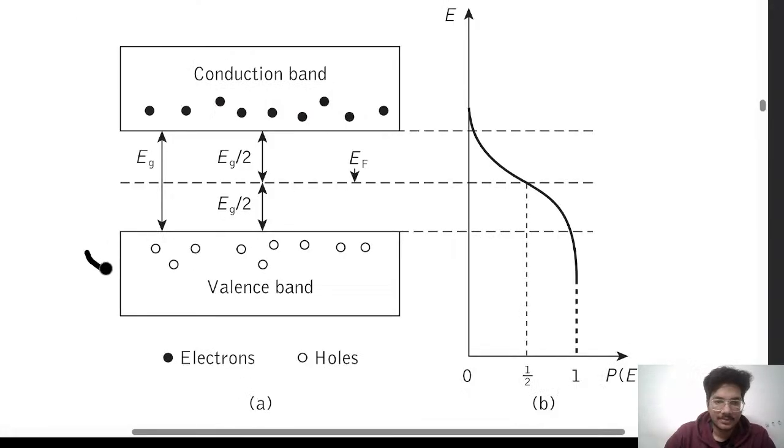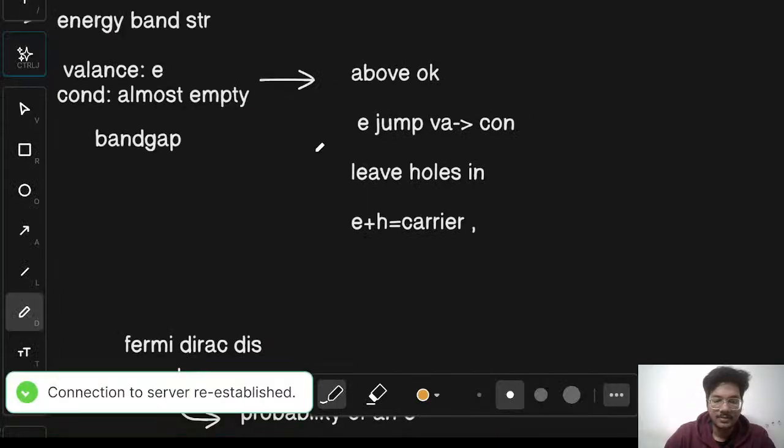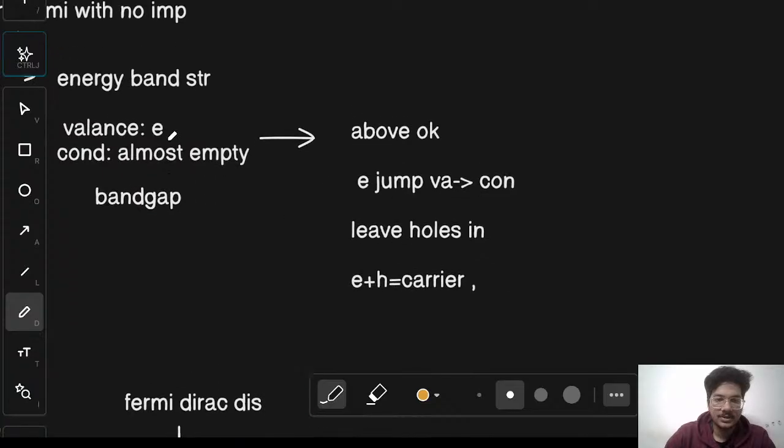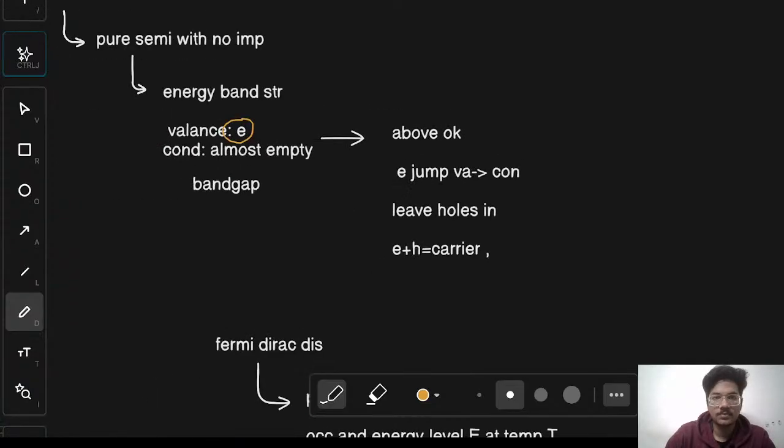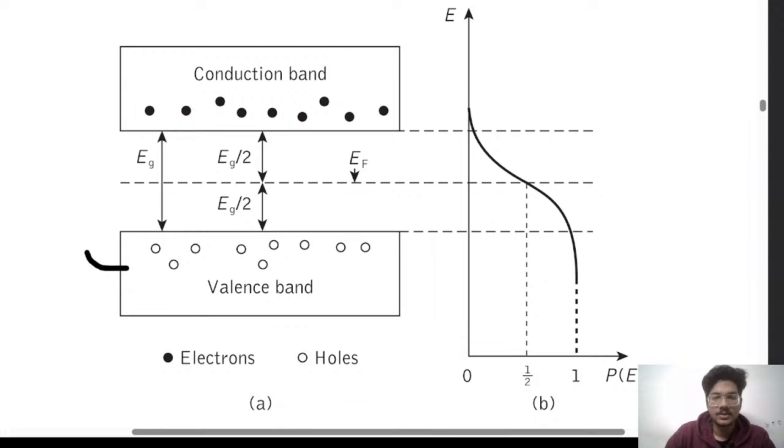In this diagram we can see the valence band consists of electrons and the conduction band is almost empty.